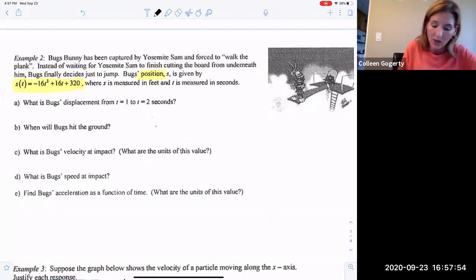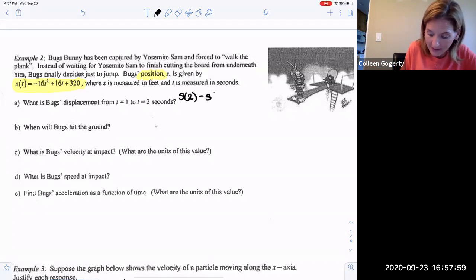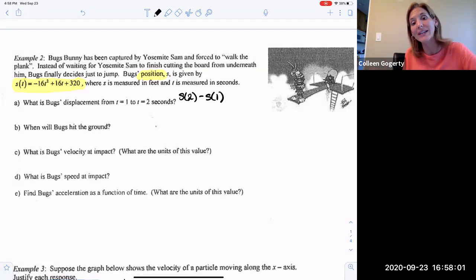Where's he at? So what's happening then is I need S of 2 minus S of 1. So in the interval that we've been given, our displacement means that the starting value is S of 1, the ending value within this displacement is S of 2.